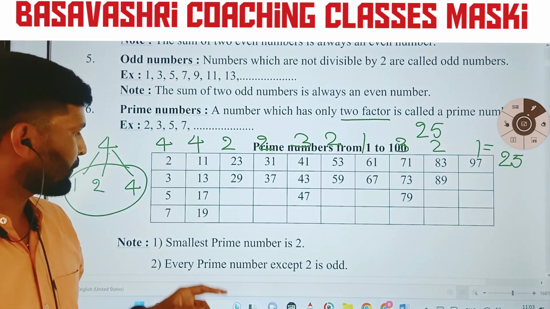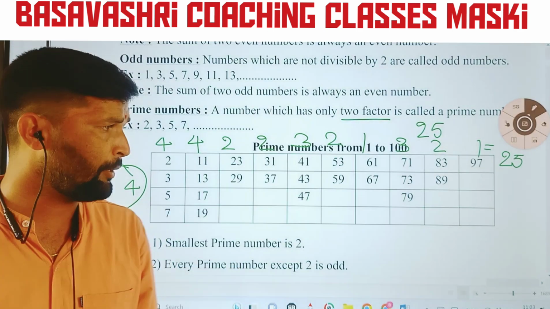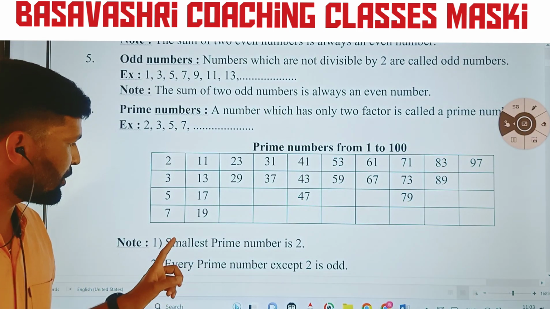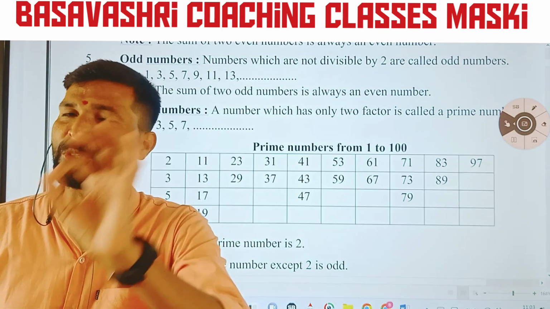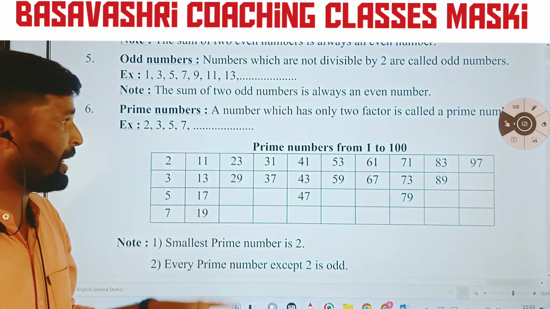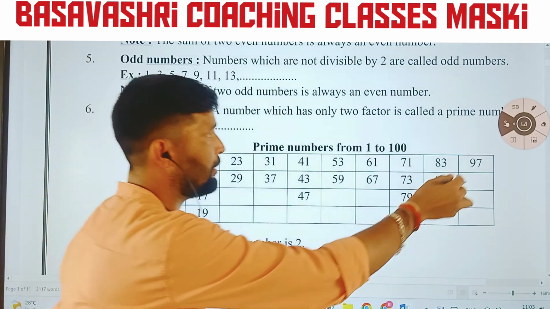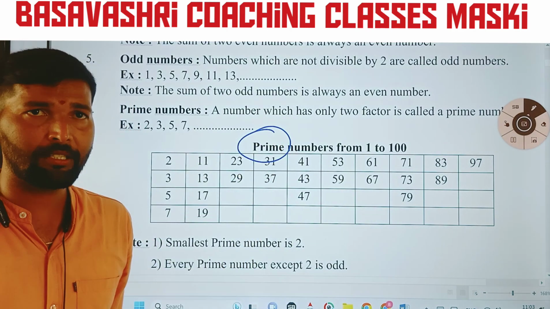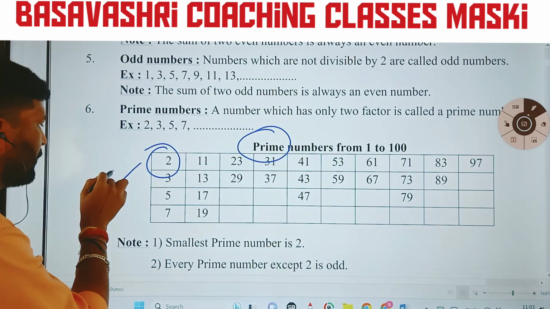Now, a very important note here. The smallest prime number is 2, and 2 is an even number. Among the prime numbers, only 2 is even.